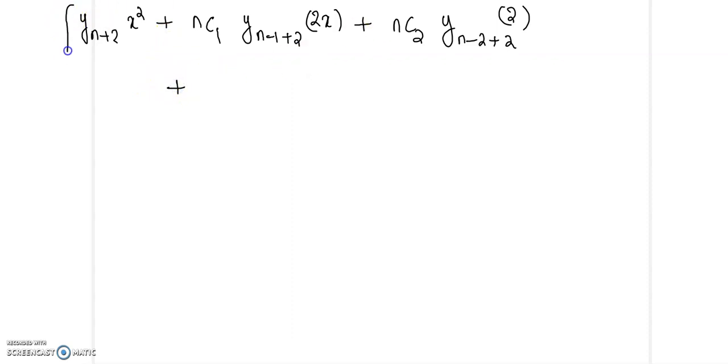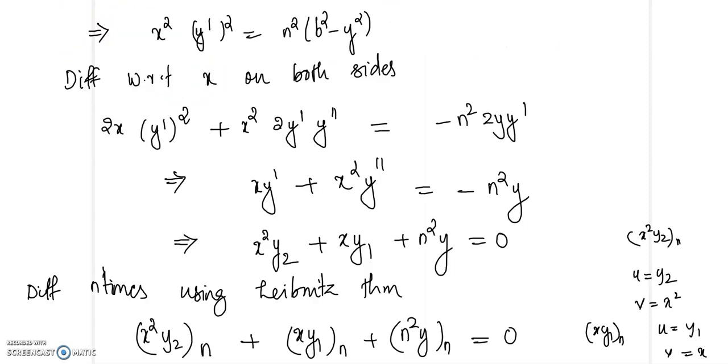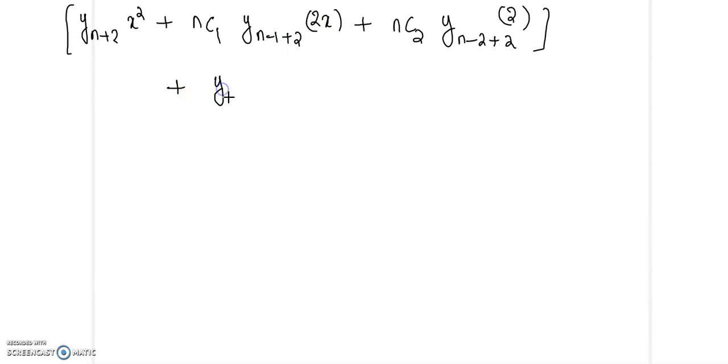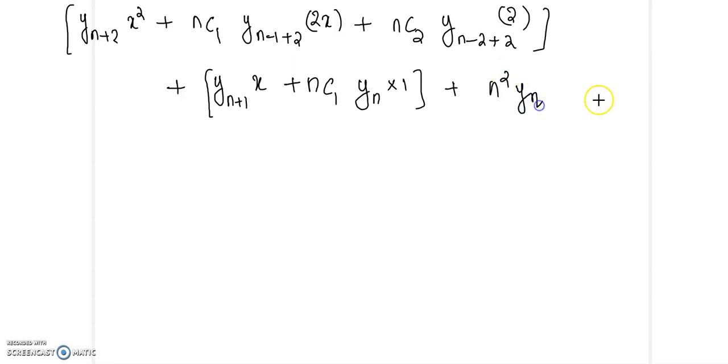Then for the second term you will have, അപ്പോൾ u എന്ന് പറയുന്നത് y1 ആവും. അപ്പോൾ un എന്ന് പറയുന്നത് yn plus 1 x വരും plus nc1 yn into 1 വരും. From the next term it will be 0. Then the third term will be n square yn, so that is equal to 0.